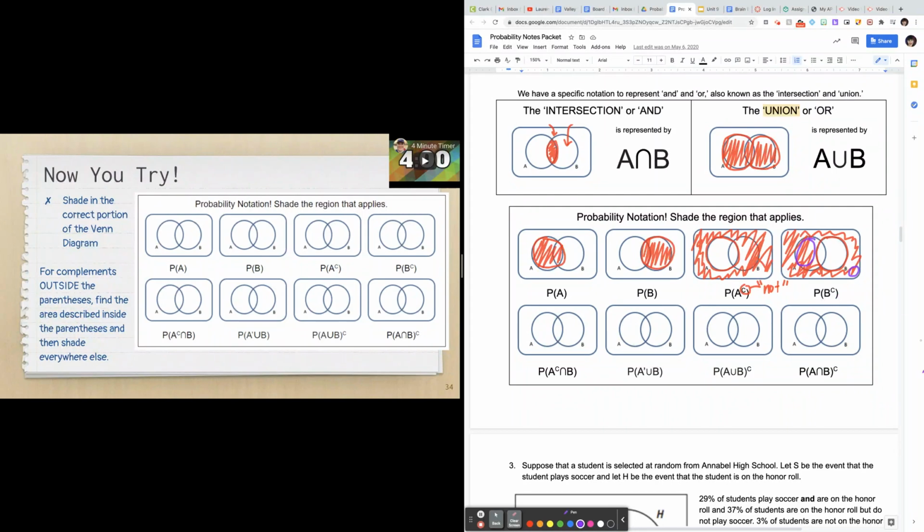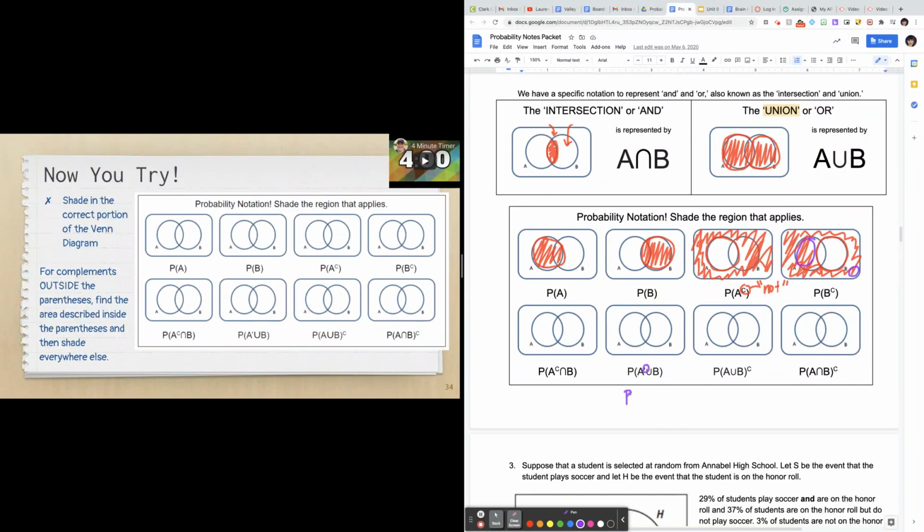All right, so I'm actually going to pause my video, and I would love for you to do the same. I want you to try these bottom 4 out just to see if you can visualize where these things are in a Venn diagram. Okay, remember this little dash also means not.